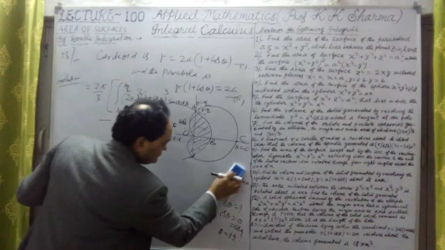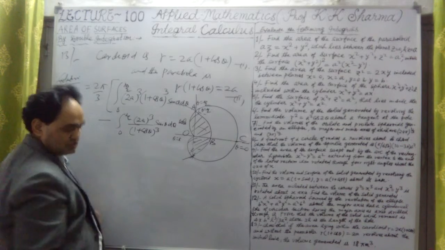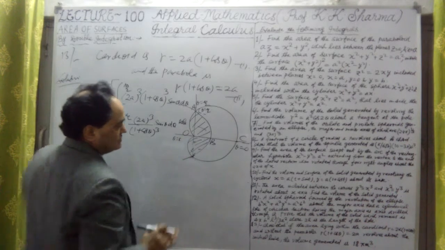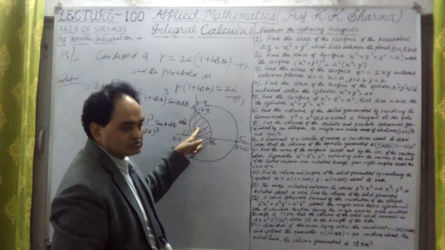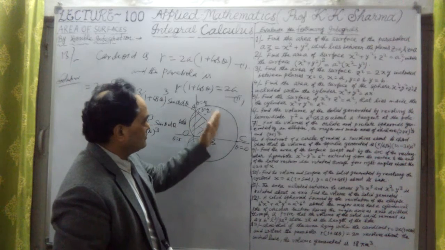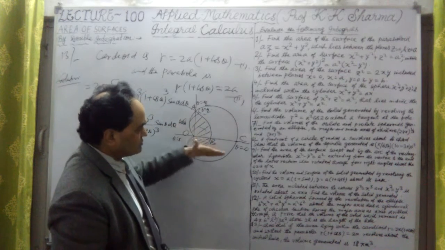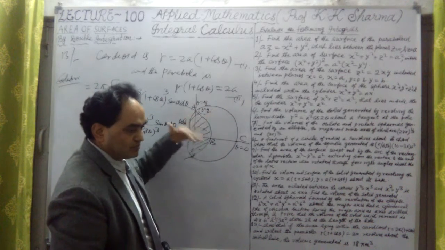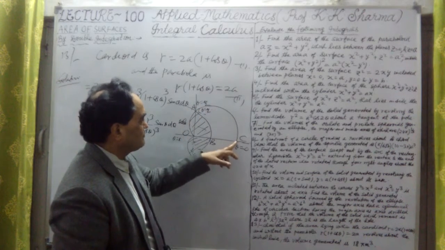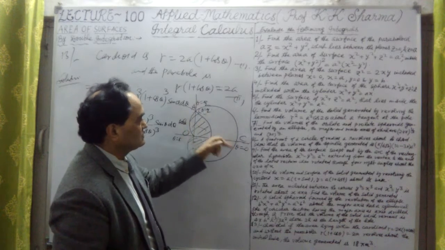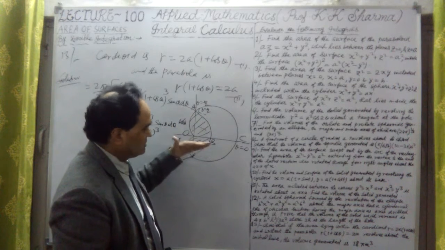Now let me solve these two equations, subtracting the second from the first. Let me find out the volume of the solid obtained after subtraction of this parabola's area from the area of this cardioid. This arc only and this arc only, because we are revolving this about the initial line. This whole solid will be obtained after revolving this upper arc from C to A about the initial line, and this B to A is also revolved about the initial line, and then we have subtracted.